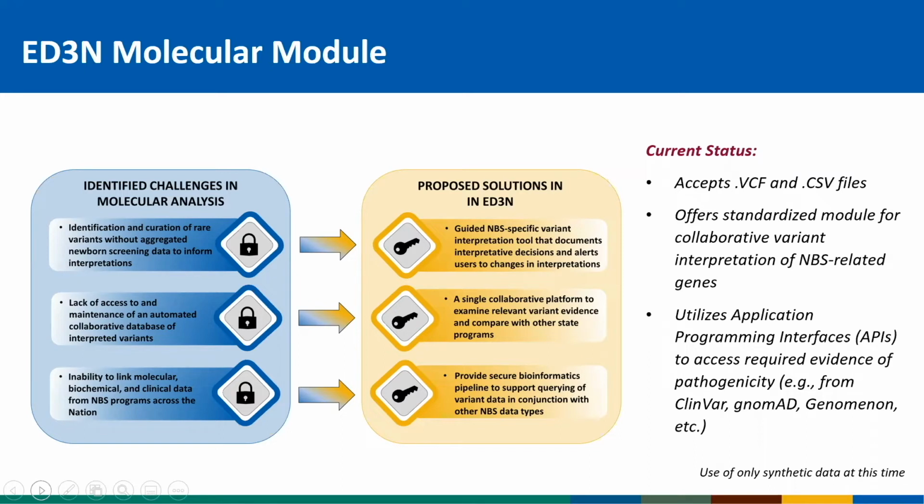It offers a standardized module for collaborative interpretation of variants across newborn screening programs, and probably most importantly, especially in a high throughput environment, EDN utilizes a variety of APIs, or application programming interfaces, to pull the evidence of pathogenicity needed for variant interpretation, so that all of the evidence, all of the interpretation, and the subsequent documentation of the variant and interpretation can occur in one location, which is EDN.